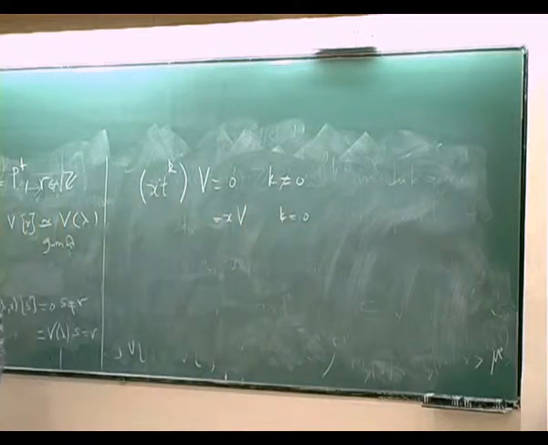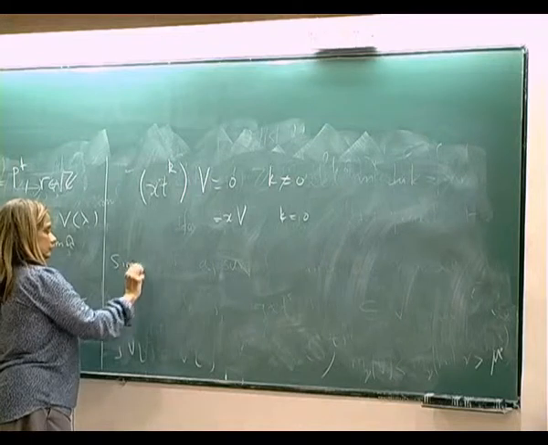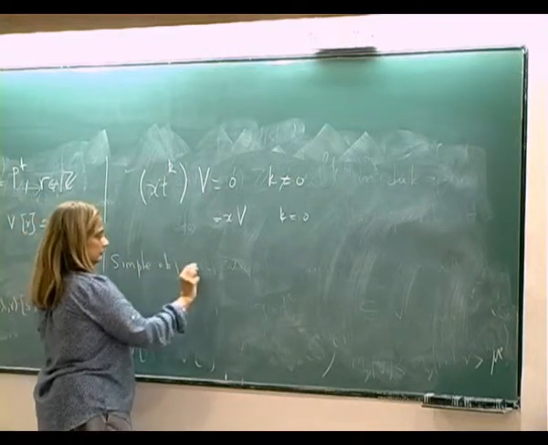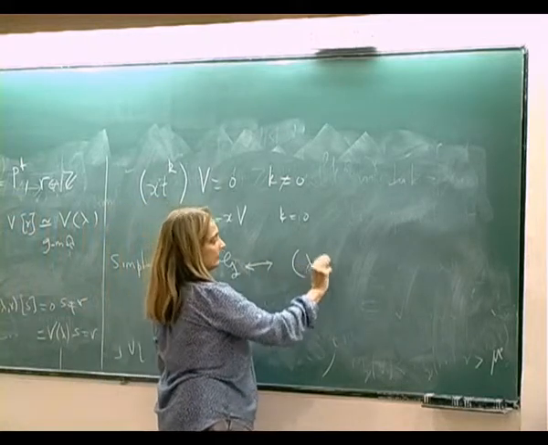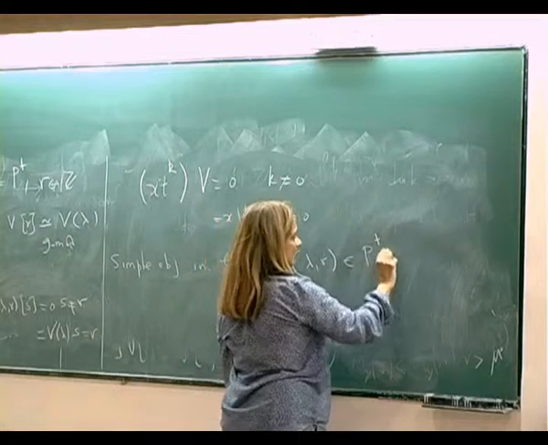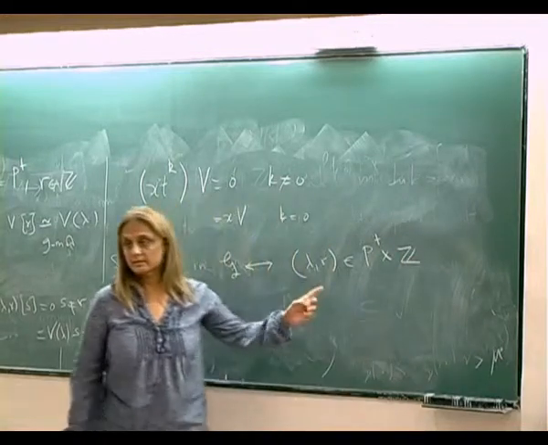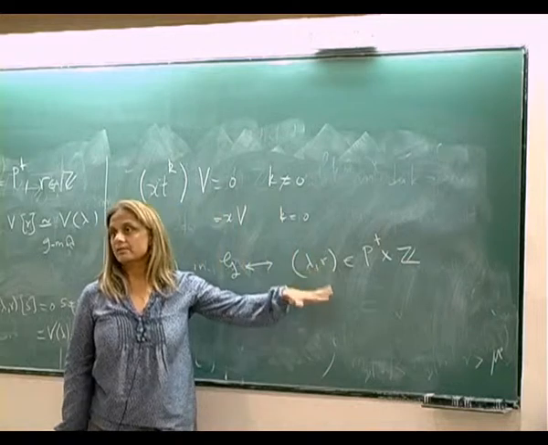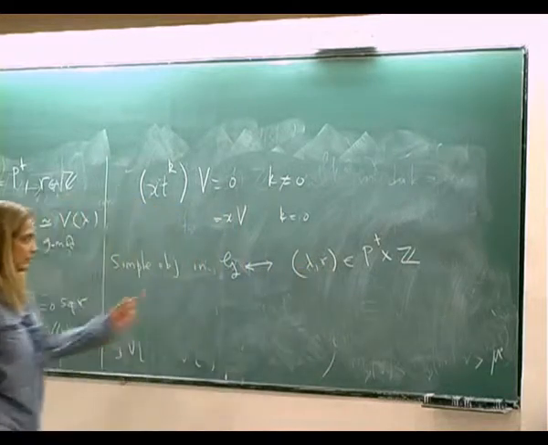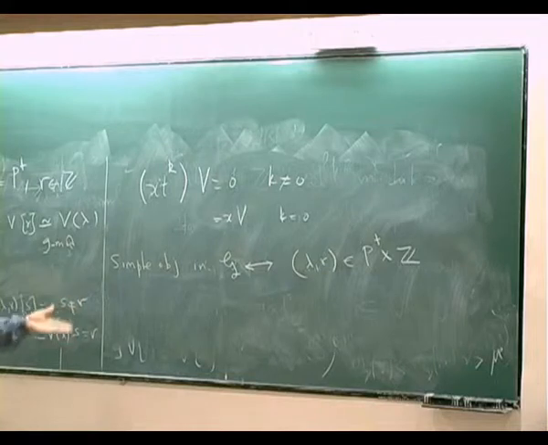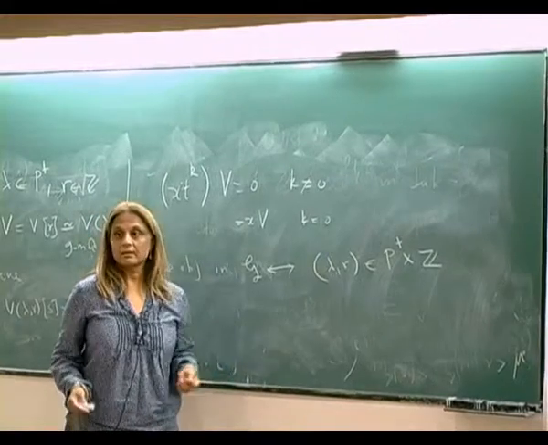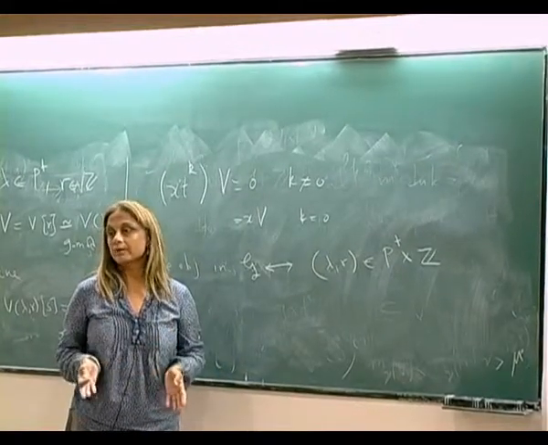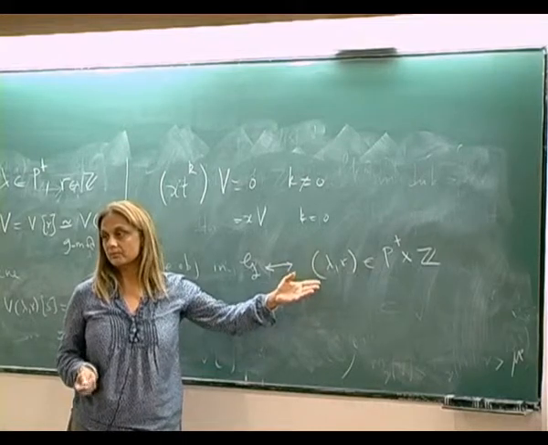Another reason that you want current algebras, okay? So in other words, simple objects in G are indexed by pairs lambda R in P plus cross Z, and any two such things are clearly non-isomorphic. So this device of insisting on graded has gotten me into a very discrete situation for parametrizing irreducible modules.